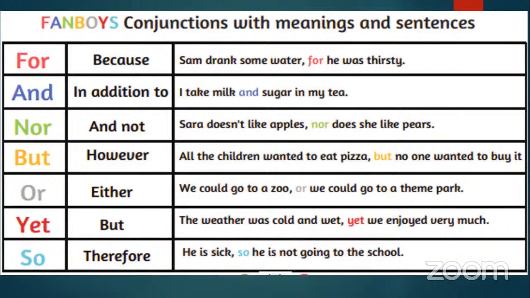And the second part, he was thirsty. So we can use the word for, which means because, to connect these two sentences. So it will be: Sam drank some water, for he was thirsty. So now it's one sentence, and always remember to use the comma to separate the two clauses. Okay, is it clear?